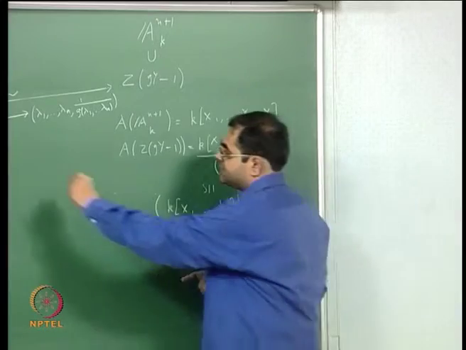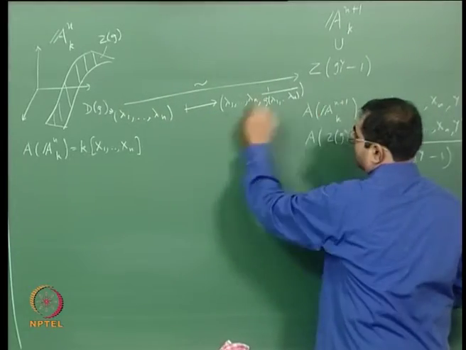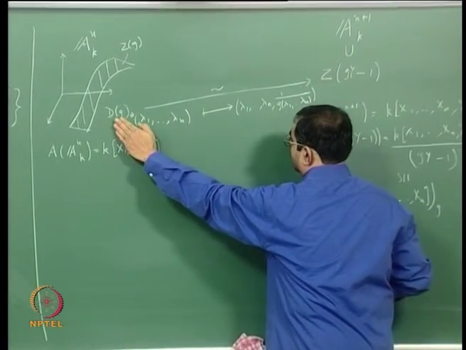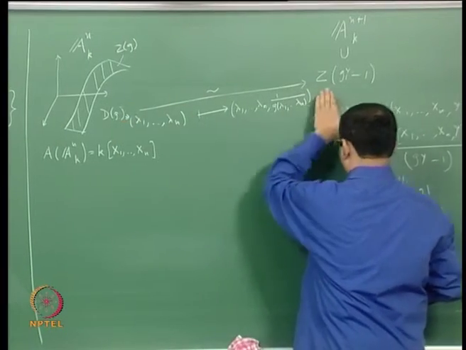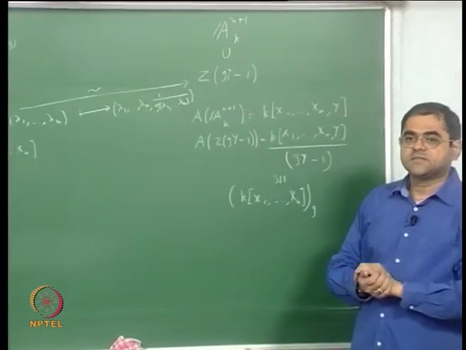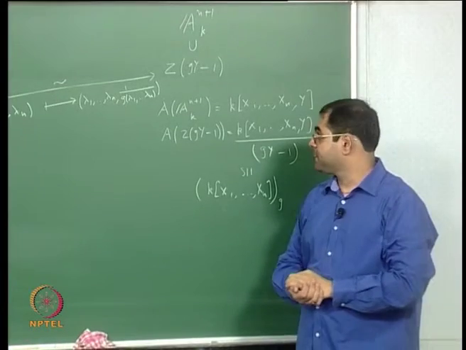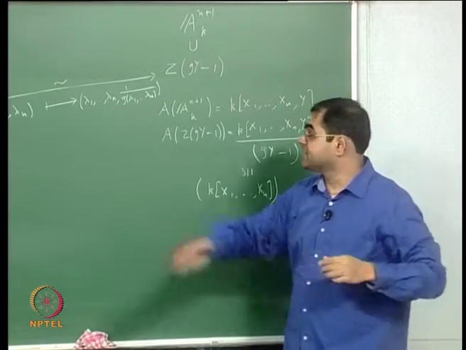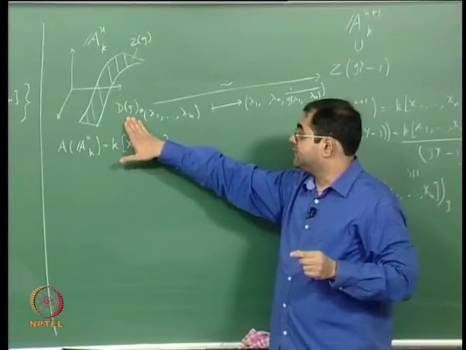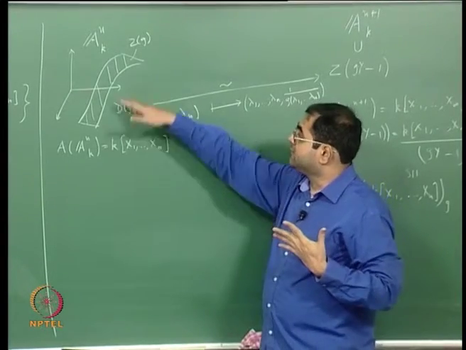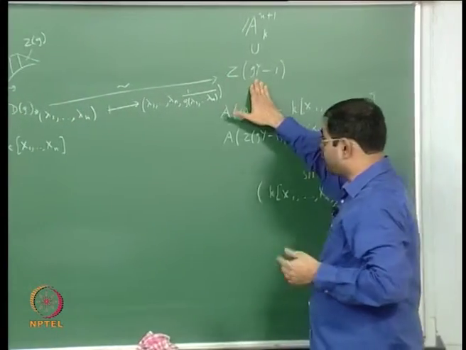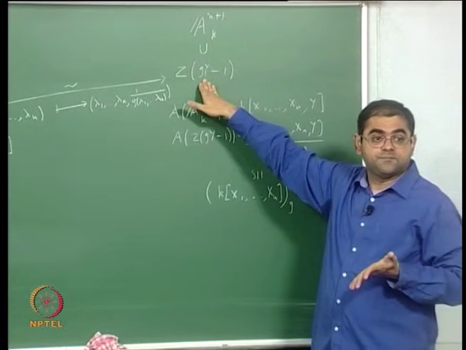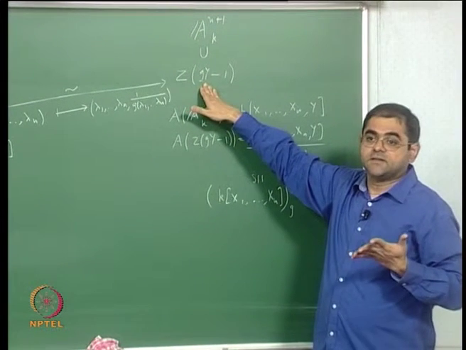And the fact is that we have a bijective map from this basic open set in A^n to this irreducible closed subset, this hypersurface in A^(n+1). So what is happening is that a basic open set in affine n-space is being identified with a hypersurface in affine (n+1)-space.